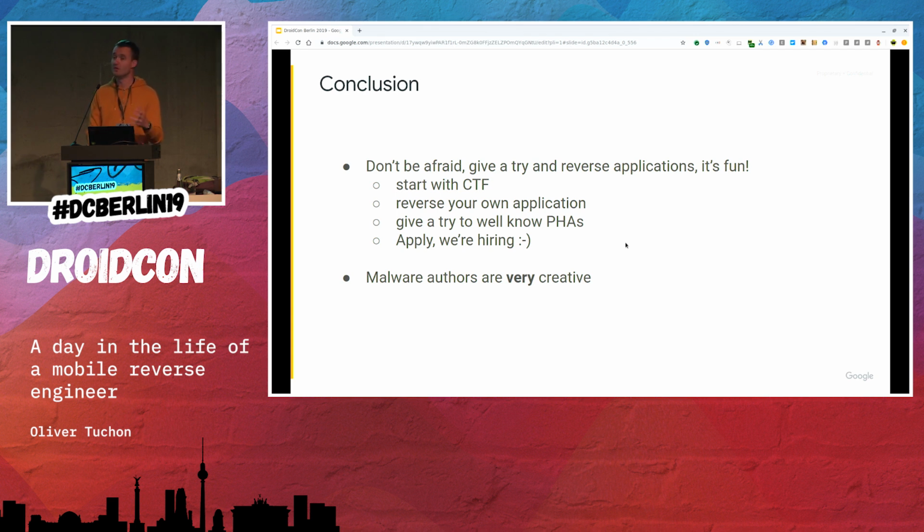And sometimes we know that something is happening, but as we don't have any evidence, we can't flag them as a PHA. So we are developing a lot of techniques to make their life harder.